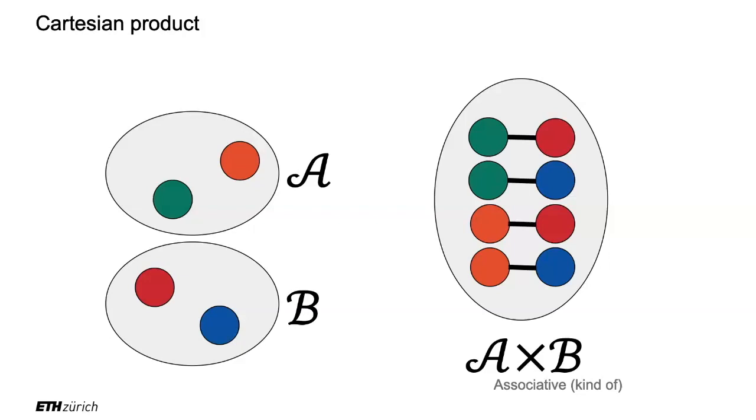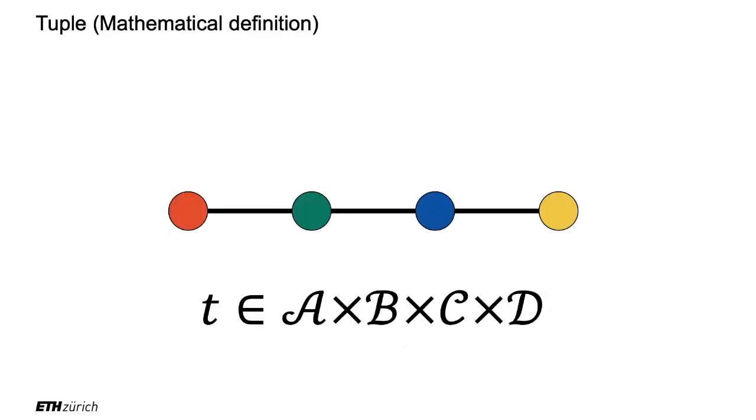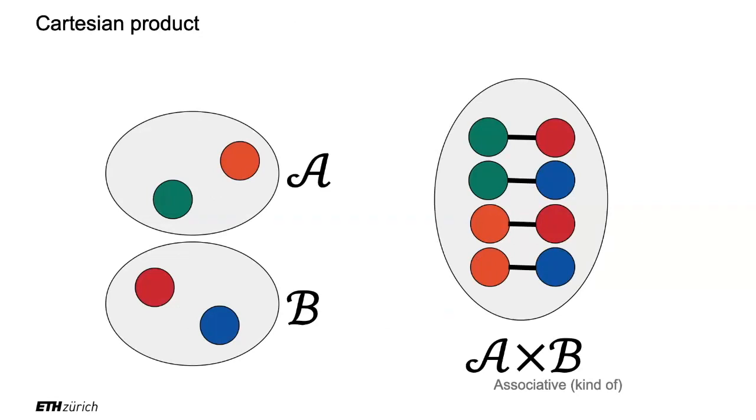But technically for database people, when we do the Cartesian product many times, we flatten everything. So you have an example here. If I have the Cartesian product like 3 times here with A, B, C, D, I don't consider that it's Cartesian product of A and B and then Cartesian product of C and D, right? I just flatten it all. So this is why I'm saying it's associative, kind of, right? You just build it in this way.